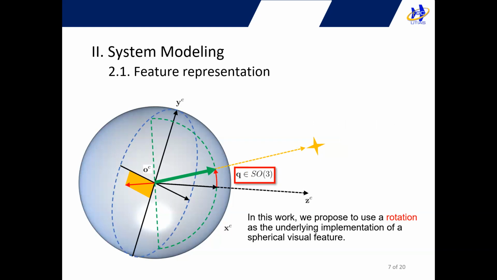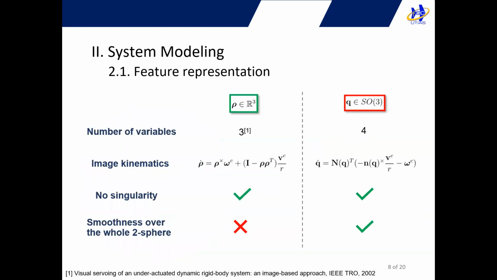It is based on the rotation between the 3D unit vector and the optical axis of the camera. As illustrated by the red line in the figure, this rotation can be obtained by calculating the angle axis vector between these two vectors. Employing a rotation as an underlying implementation offers multiple advantages.